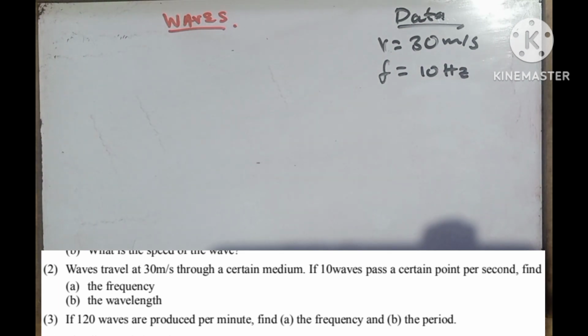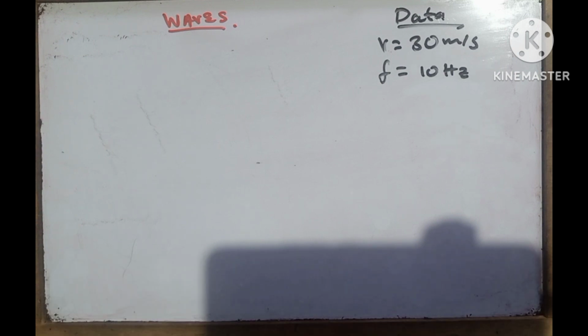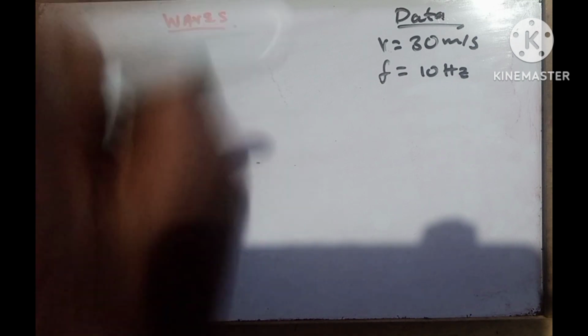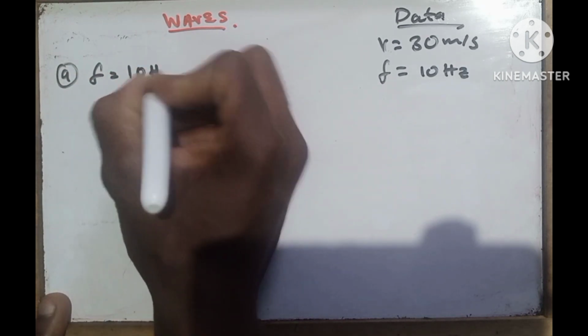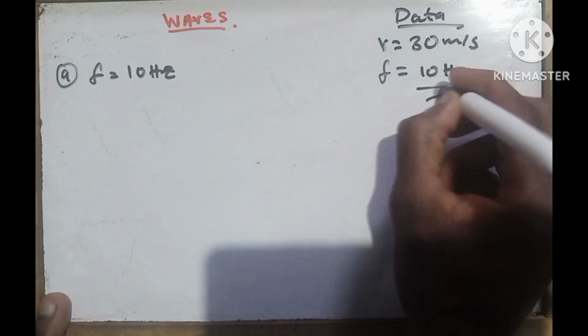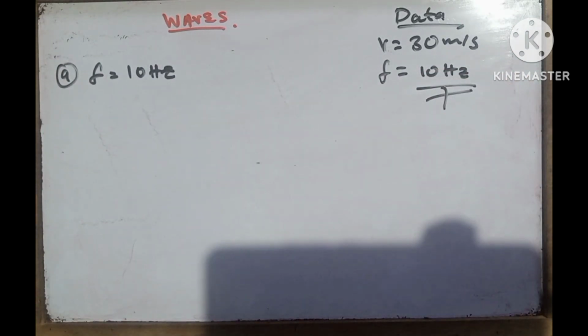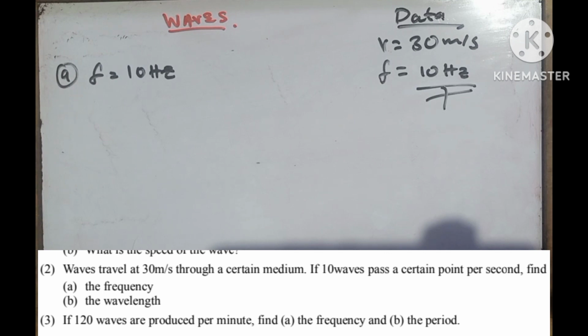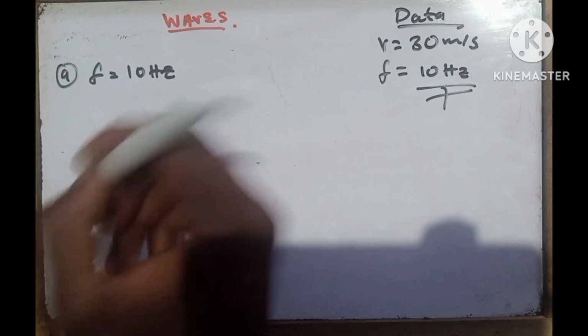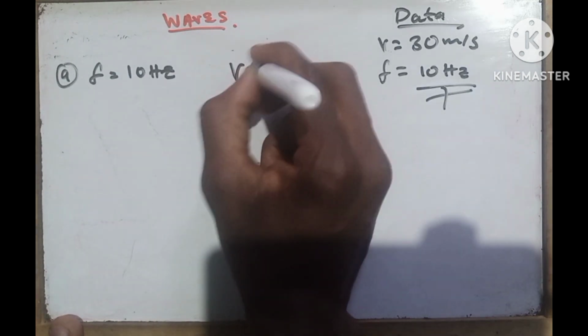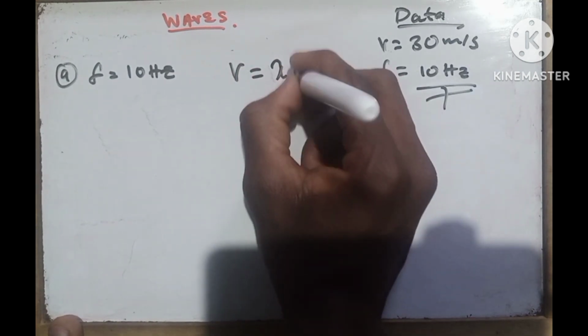Part A of the question is saying find the frequency. And frequency being the number of waves produced per second, the frequency is the 10 waves that were produced in a second. So part A, frequency is 10 hertz, just like we wrote in the data here. And then part B is saying find the wavelength. If we look at the formula for speed, we said speed is equal to the wavelength times frequency.